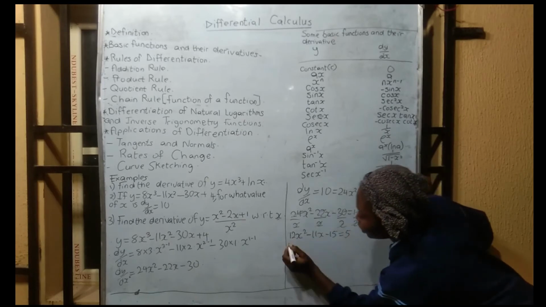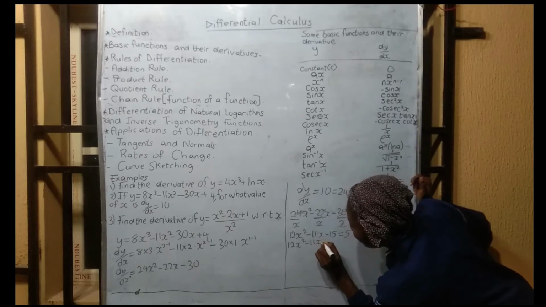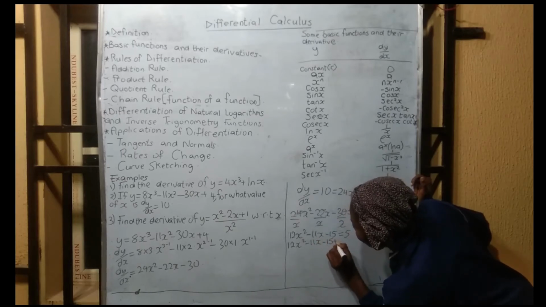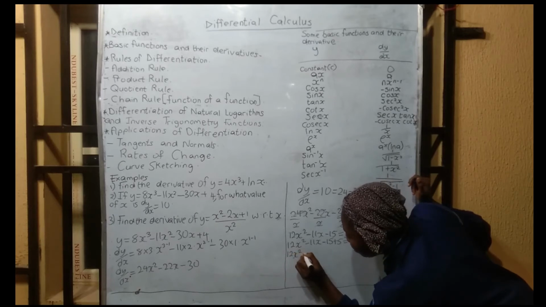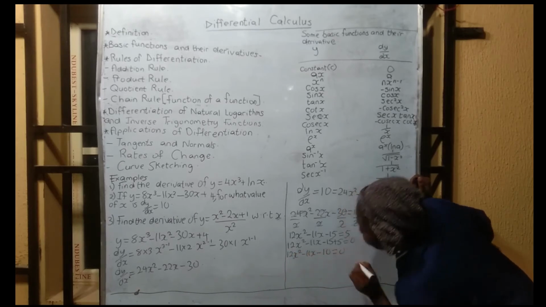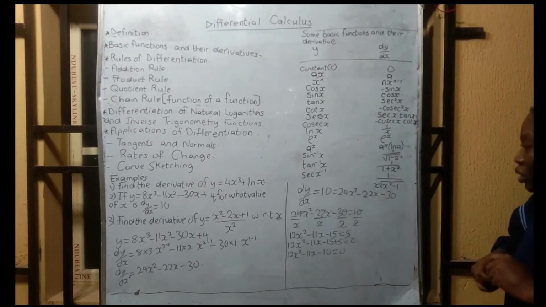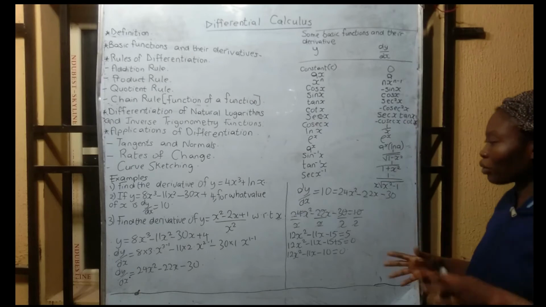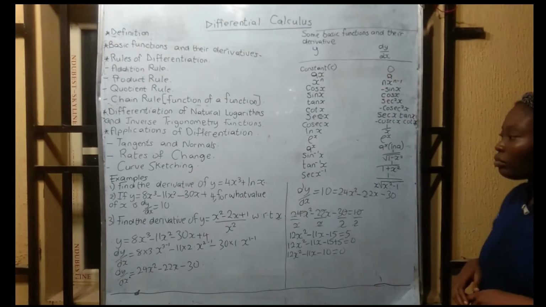Then bringing 5 to the other side, we have 12x squared minus 11x minus 15 plus 5 equals 0. 12x squared minus 11x minus 10 equals 0. Now we can use our quadratic formula, or the substitution method, whatever method is suitable to find the value of x.